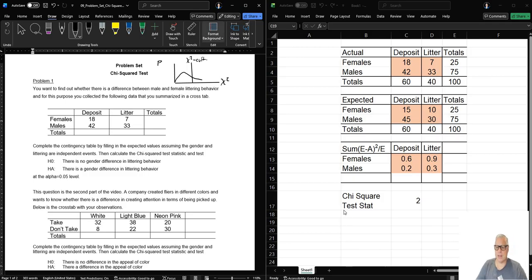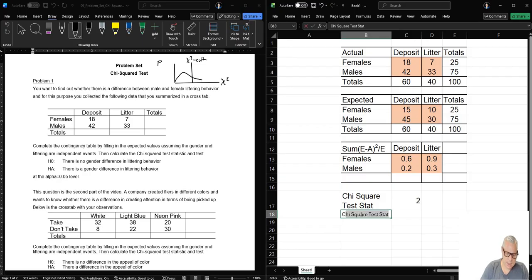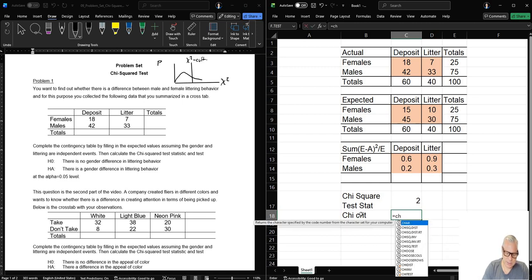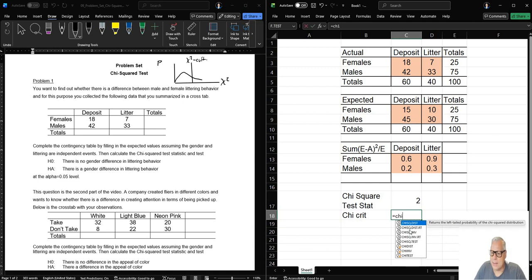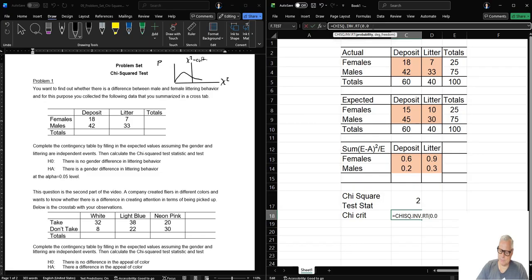So what is that? So we can calculate that as chi critical. We can use the Excel formula equals chi, and then there is something called chi-squared dot inverse right tail. And here we can say we need it for the probability of 0.05. And then Excel wants to know how many degrees of freedom do we have. Well, we know we have 1.